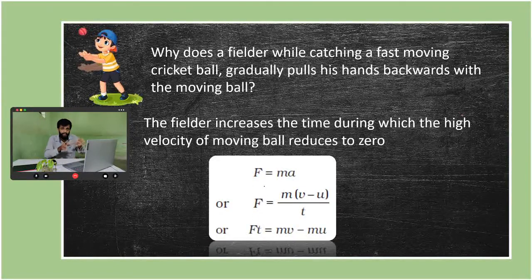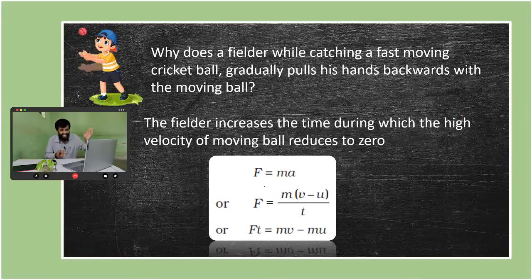Because remember this, force is nothing but mass of an object into the acceleration. What is acceleration? The formula for acceleration is final velocity v minus initial velocity u, upon the time t. So if acceleration has to be more, then that change has to happen faster, in a very short span of time.